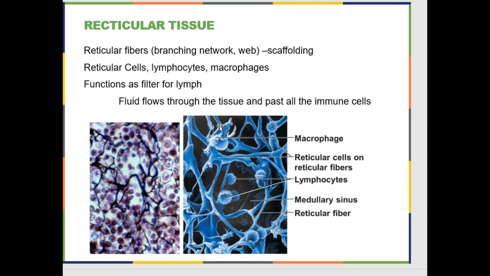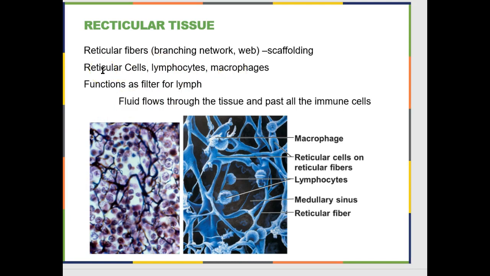So how reticular tissue is organized is you can kind of think of it almost like your Brita water filter. Water trickles through the Brita filter, and as it flows over, the charcoal pulls impurities out of the water. For your reticular tissue, you have, in purple here, the nuclei of all sorts of lymphocytes, macrophages, and reticular cells.